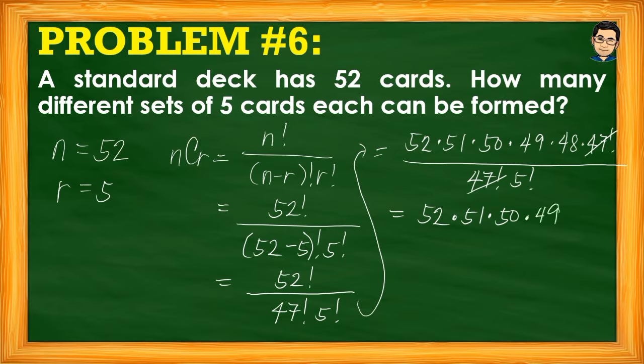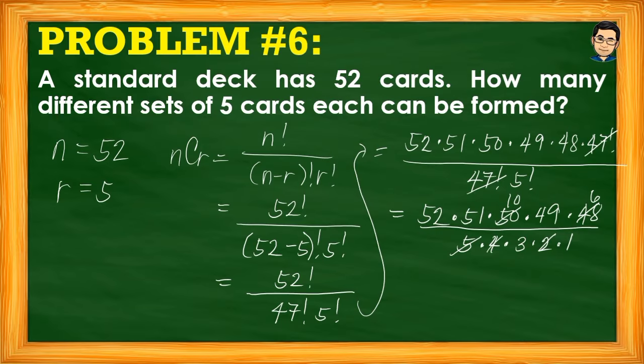As you can see, malaki po yung ating sagot. So, yung 5 saka 50, pwede natin silang i-cancel out. 50 will become 10. And then 4 and 2 naman, cancel natin. And then yung 48 magiging 6.